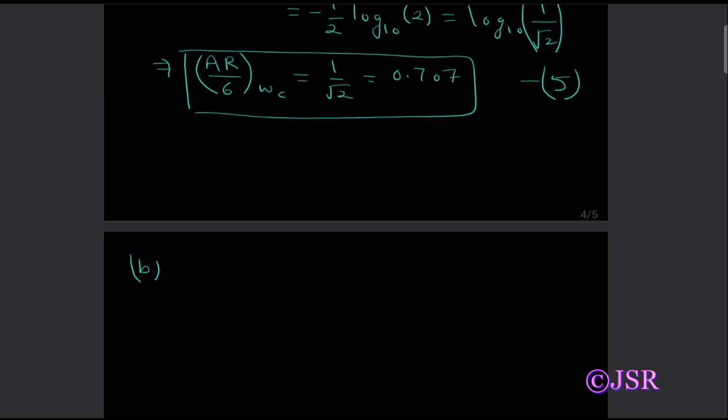So for part B we have to plot the phase shift, that is phi versus omega tau, or in this case phi versus tau omega.